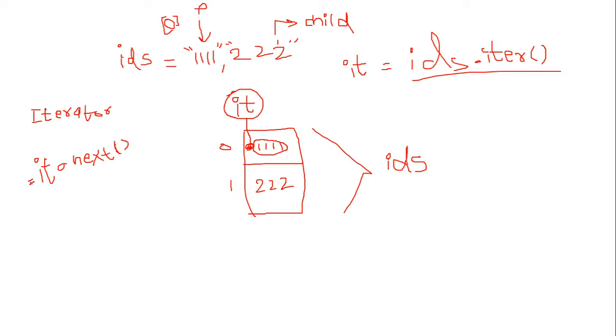Let me write one variable, s, which is of type string. When I write this statement the first time, s will contain this 1111.